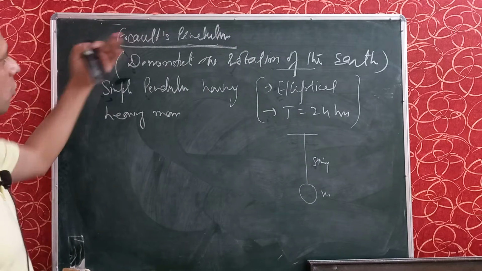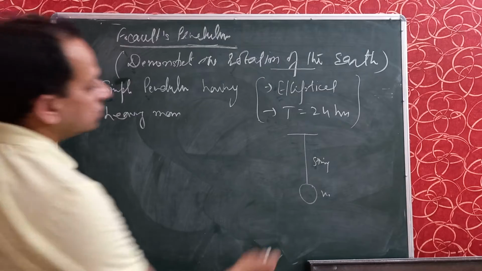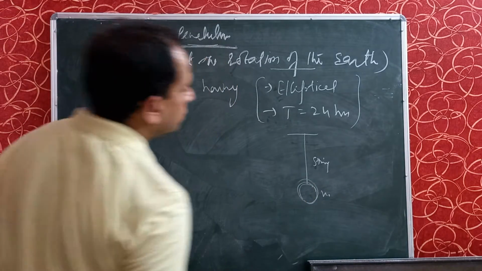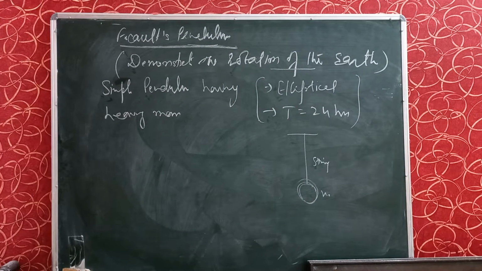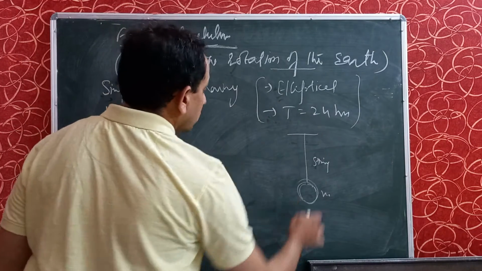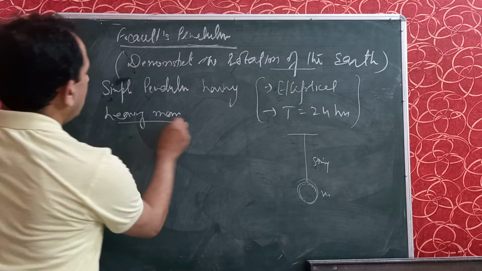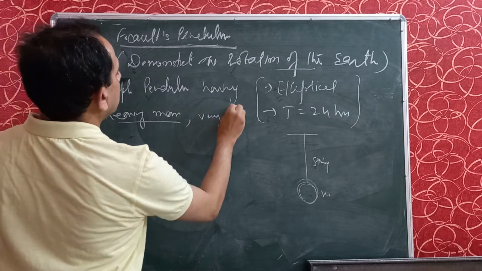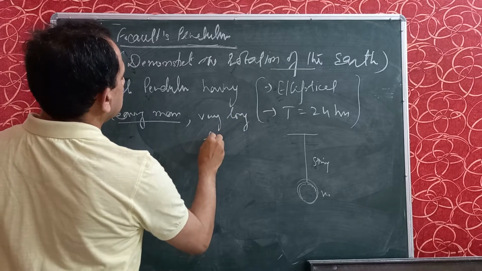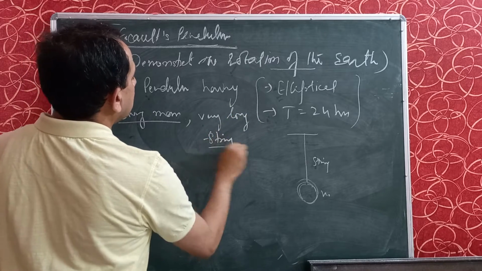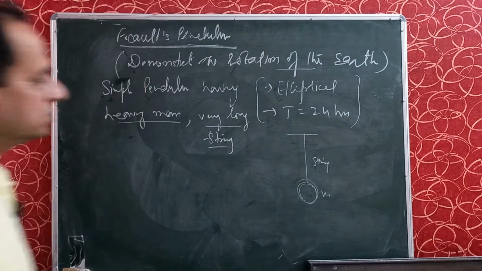So in case of Foucault's pendulum, this mass is very heavy. It is in kilograms and the string is very long. The string is in kilometers.